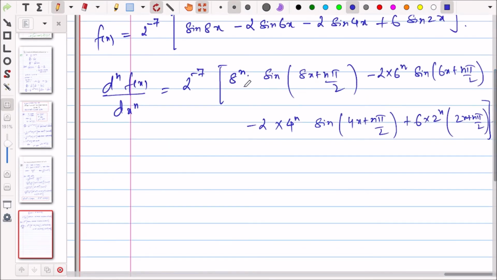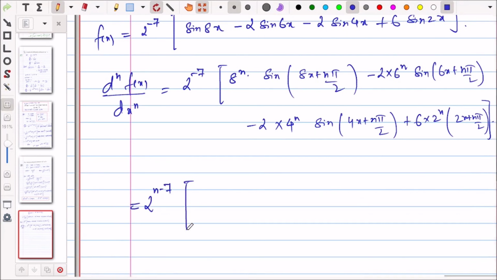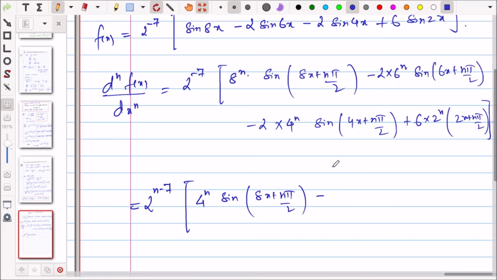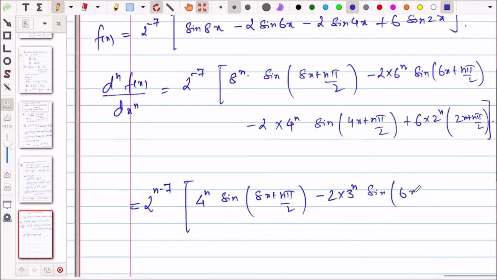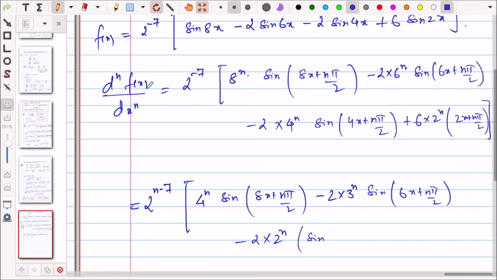What you can do, one more step, is that you can take 2 to the power n common from all these terms and simplify it. So it will become 2^n minus 7, so it will become 4^n because you have already taken 2^n outside. So 8x plus n pi by 2 minus 2 into 3^n sin(6x + n pi by 2) minus 2 into 2^n sin(4x + n pi by 2), right?